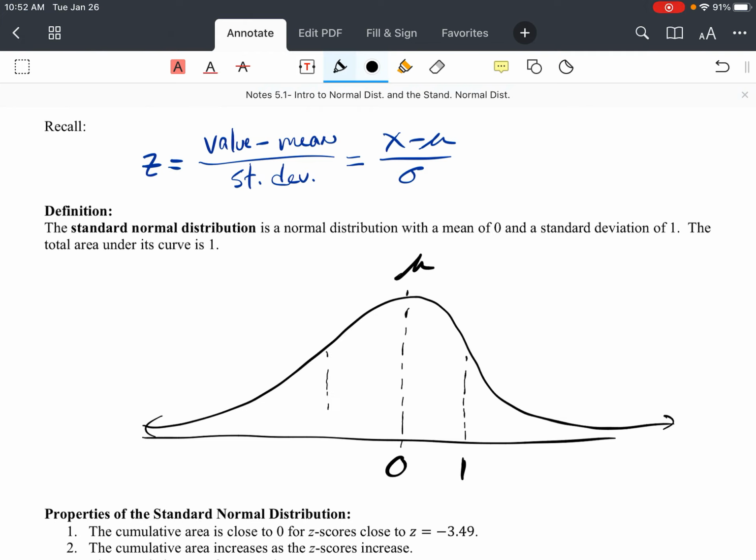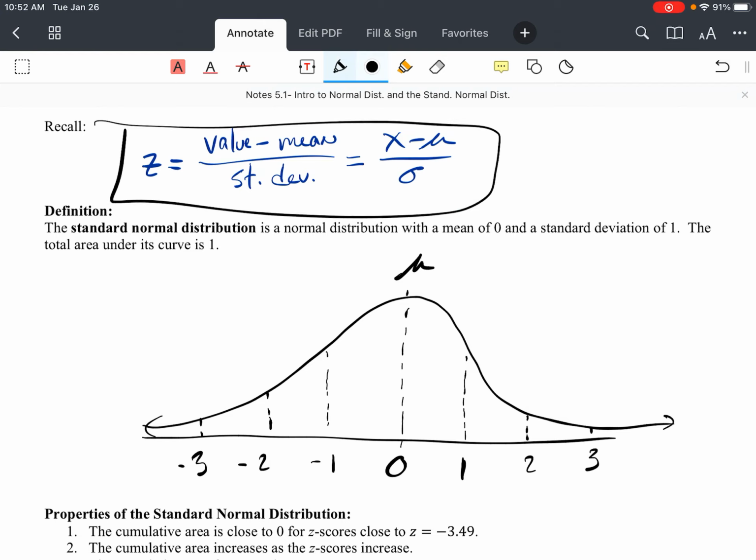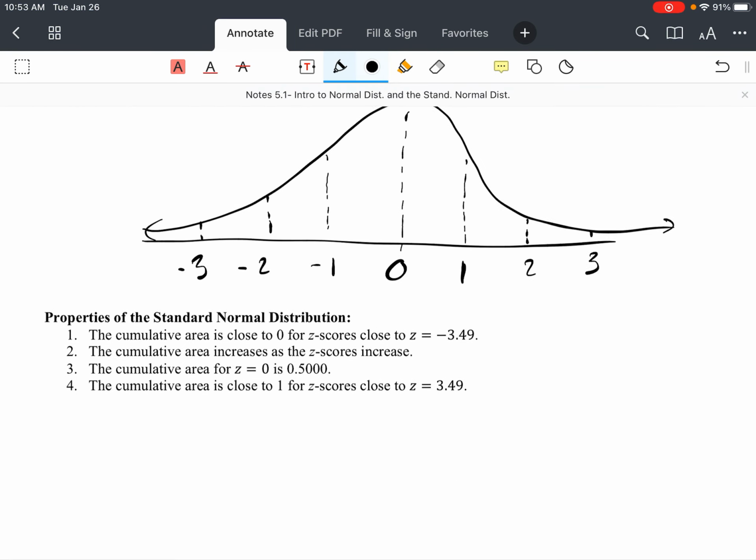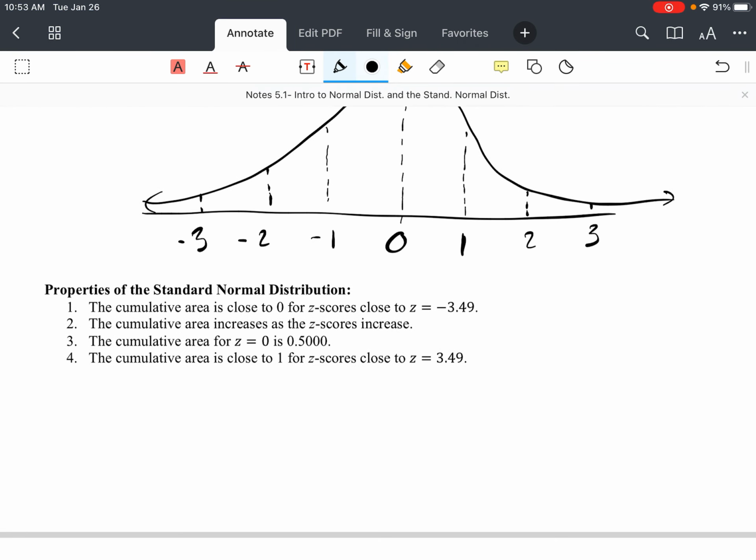If this were 1 standard deviation away, it's going to be 1, and 1 standard deviation over here is -1. This would be 2, 3, -2, -3. So really our distribution looks the exact same, but this is a standard normal distribution. This is what we can use our z-values to interpret. Okay, and again, we'll talk about that later on.